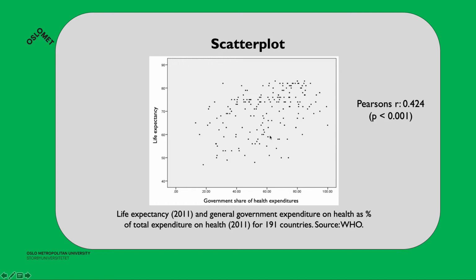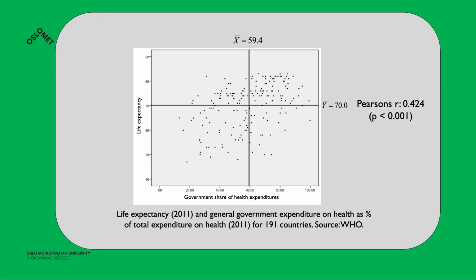That's really our goal, and we know that the mean on the government's share of health expenditures is 59.4%. So x with a bar over it is the mean on the x variable, and y with a bar over it is the mean on the dependent variable, which is life expectancy, and that's 70 years.